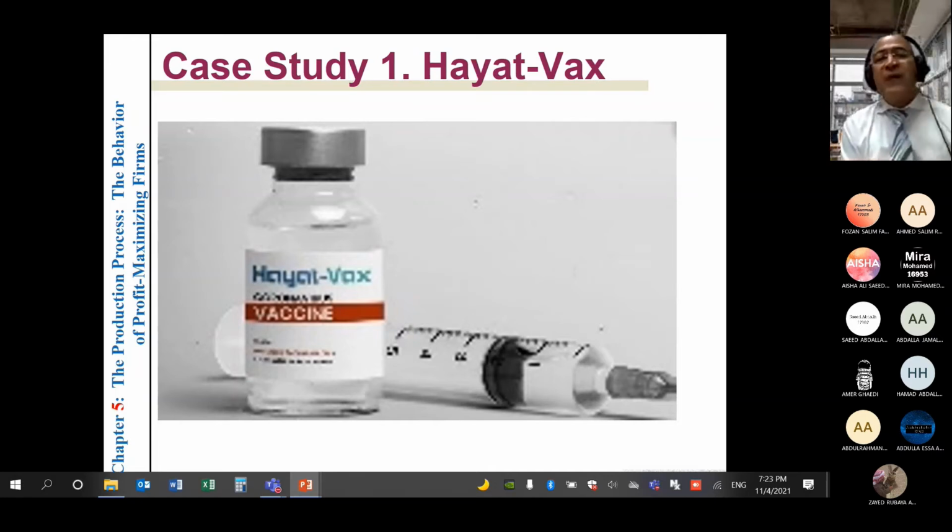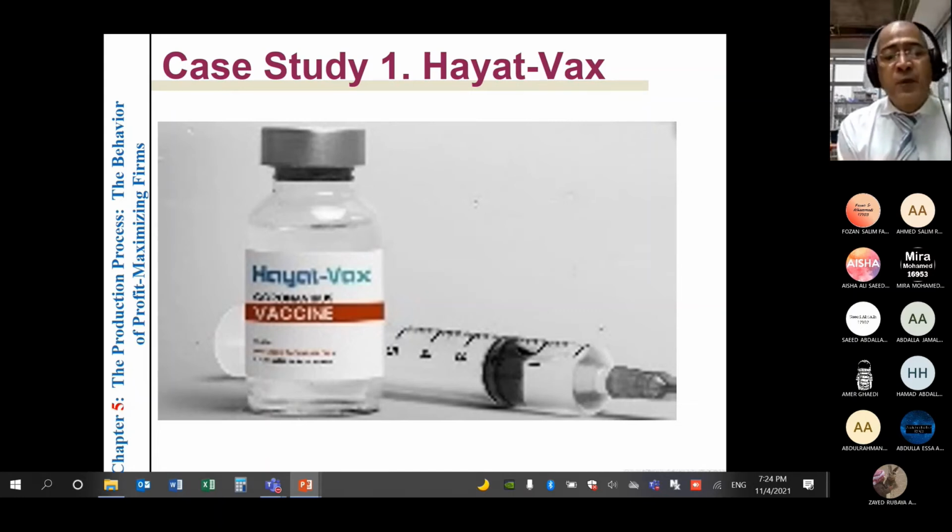So let's say they made an agreement with Julphar and they took a production line or plant from Julphar in Ras Al Khaimah and they started producing something called Hayat-Vax. The full capacity of this plant is designed to produce 2 million doses per month.